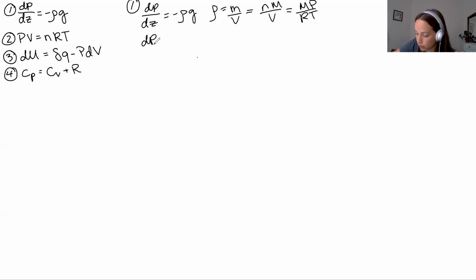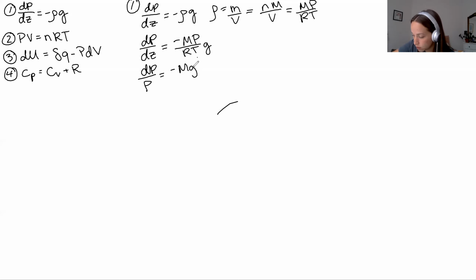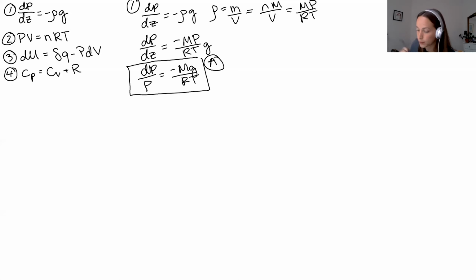So we can change our first equation to look like this. And I'm going to rearrange that just to make it a little bit simpler in the end by getting pressure on one side. And I'm going to call this equation A because we're going to end up coming back to it later on. So we need it in our back pocket.